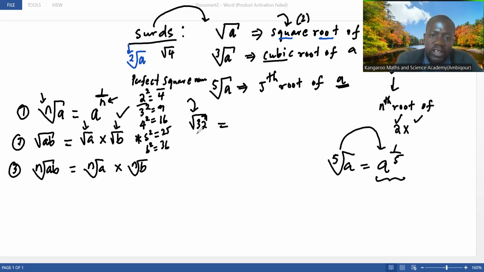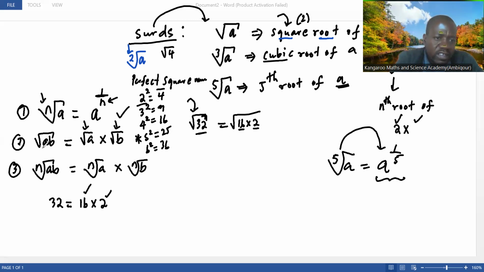For example, we're going to search for 2 factors of 32 that we can multiply to give 32, but one of the numbers should be a perfect square number. Already 32 is the same as 16 times 2. We can use 16 times 2. Why do I use 16 and 2? 16 is a perfect square number. So I'm using the a and the b.